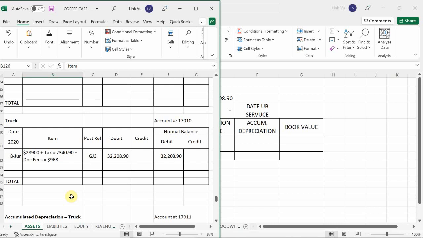Okay, what else? Why would you depreciate on June 8th? What's the rule? If you buy a truck or buy a car, when do you start depreciating it?